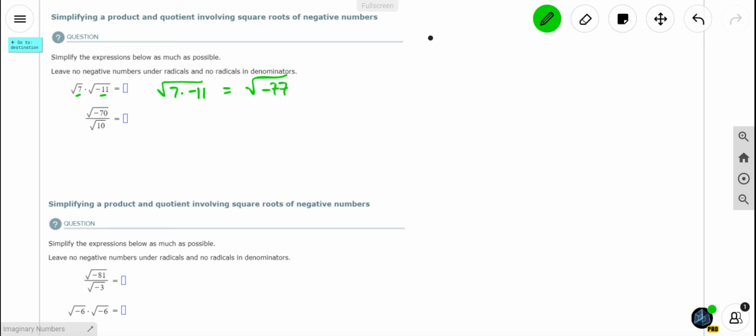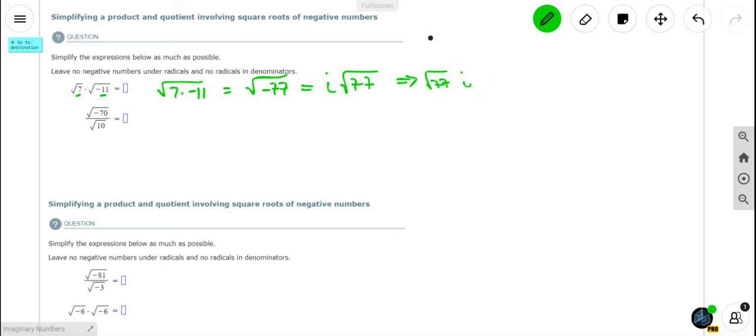It says to leave no negative numbers under the radicals and no radicals in the denominators. We haven't talked about that yet, but here we go. Can't leave the negative in. So we're going to take it out. It's going to be i, because the square root of negative 1 is i, times the square root of 77.